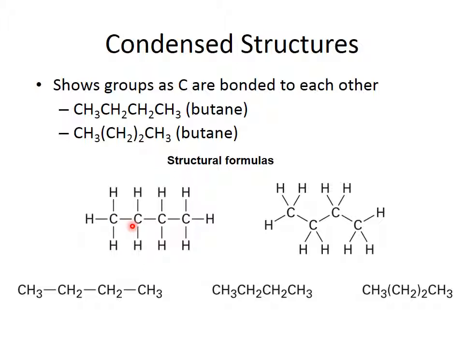See this group, notice it's only the carbon bound to the carbon, but we can write CH3 for that, right there. And we can write CH2 for this. And we can write CH2 for this. And we can write CH3 for this. And so that is one way to write a condensed formula.